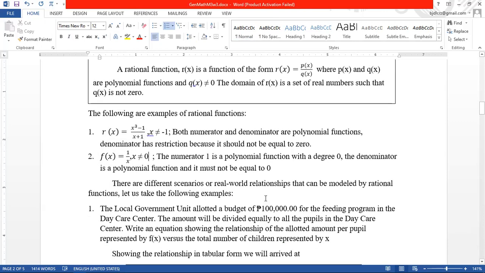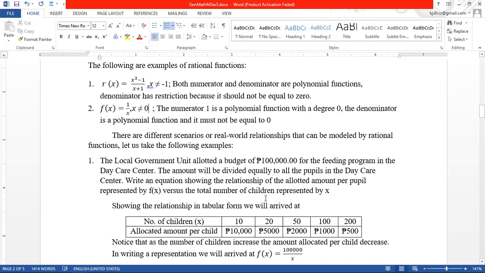So there are different scenarios in real world relationships that can be modeled by rational functions. Let us take the following examples.